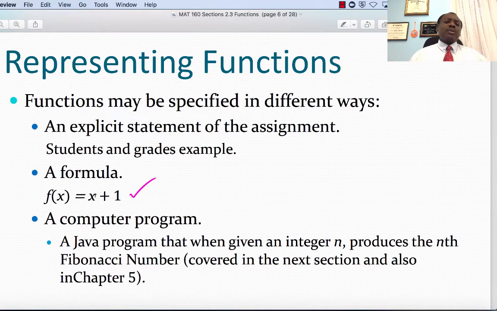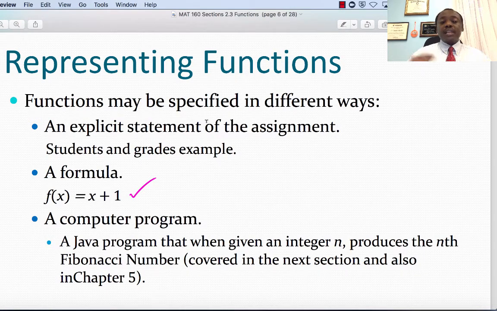It's almost impossible to explicitly define the function using statements like we did with the students and their grades. That's not going to happen because if I have 10,000 students and different grades, trying to explicitly put that down in the form of a statement is a little bit difficult.